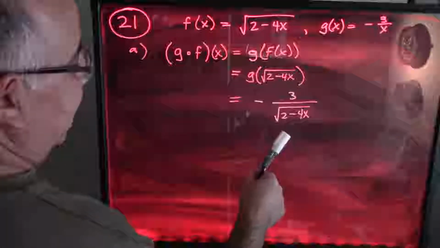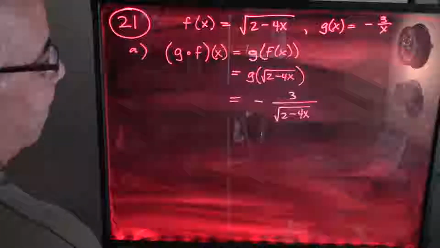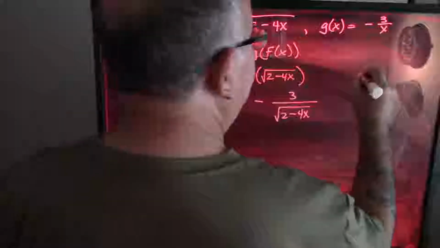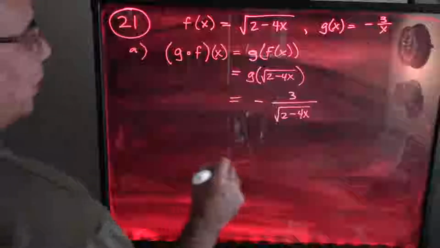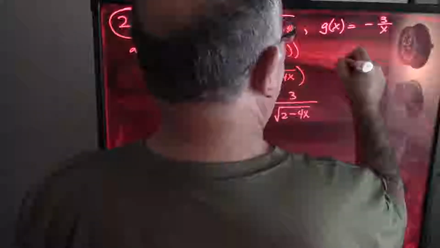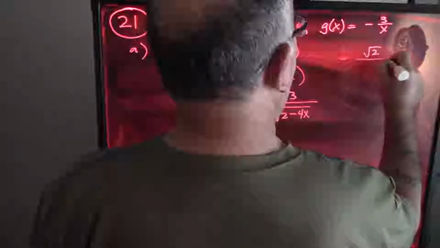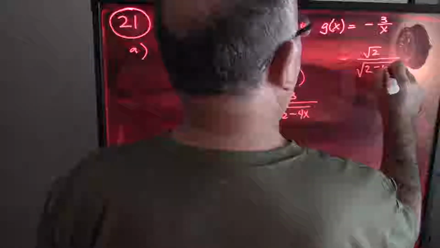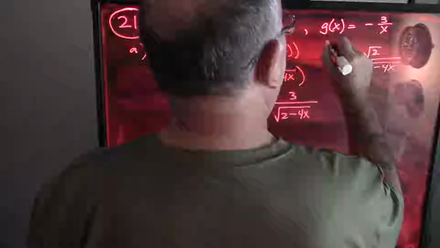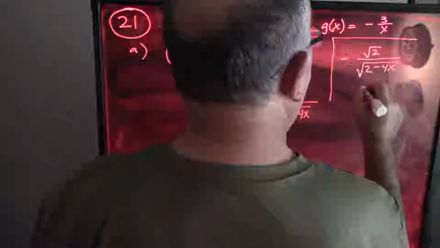If the numerator were a square root of 2, for example, let me do it over here. I don't want to take up that space. If you had negative square root of 2 over the square root of 2 minus 4x, let me put this off in its own little space. I don't want to get it confused with the rest.